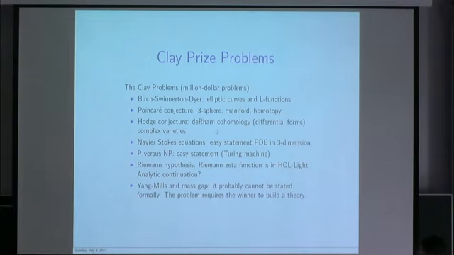Birch, Swinnerton-Dyer might be a little harder, so it depends on how much you're willing to assume there. For many years, Birch and Swinnerton-Dyer was just a conjecture of a conjecture, because you're using the L-function of an elliptic curve, and the analytic continuation and functional equation were not known.